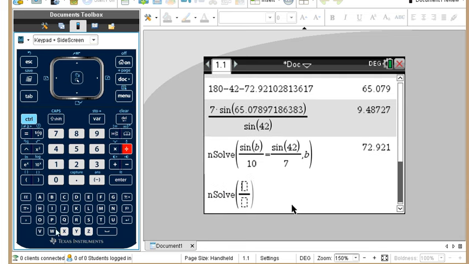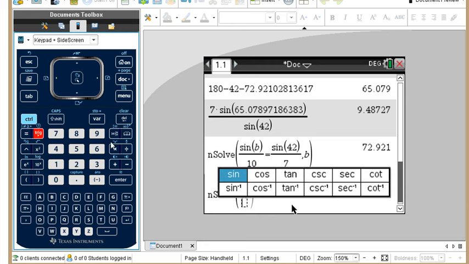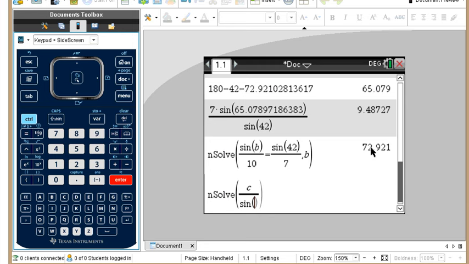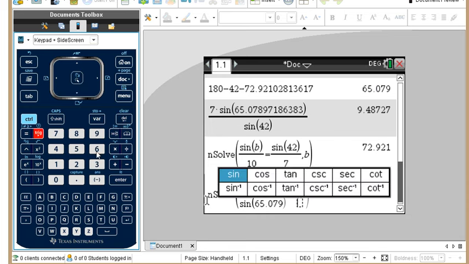We have side C, which we do not yet know, over sine of 65.079, and that's going to be equal to 7 over sine 42 degrees.